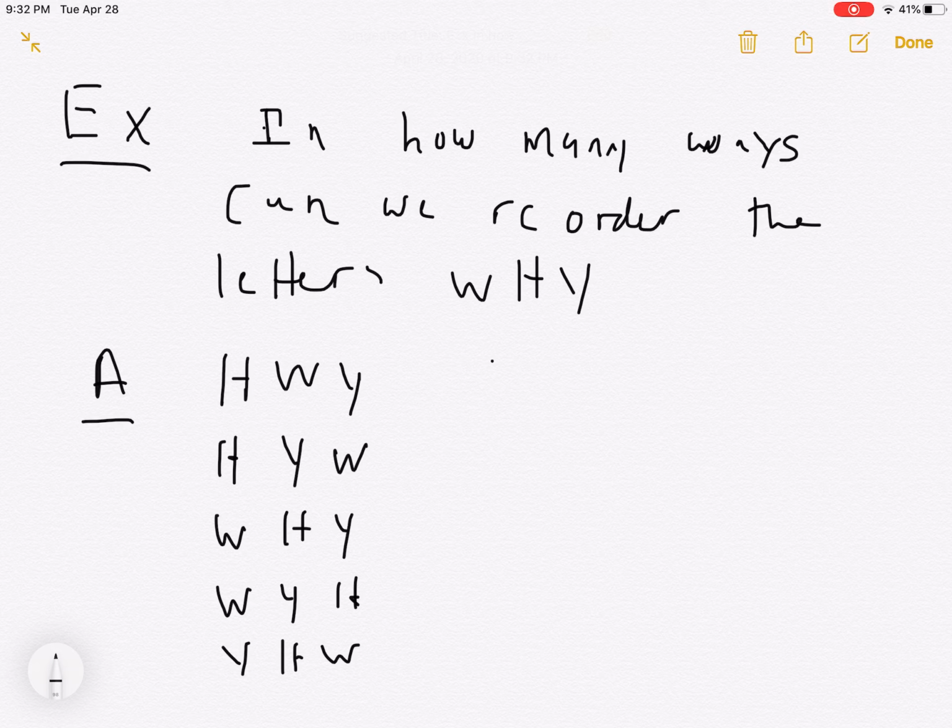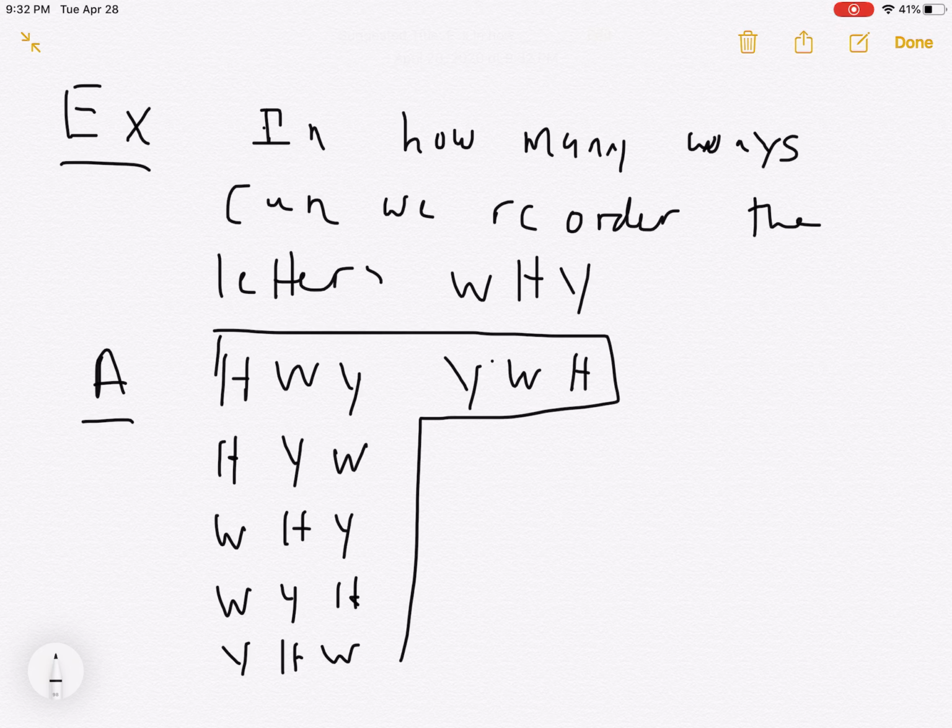Okay, 1, 2, 3, 4, 5, and there's one more, which would be YWH. Those are all possible different reorderings. There are 6 ways to do it.